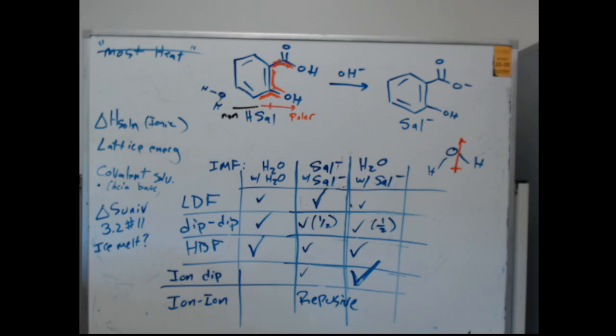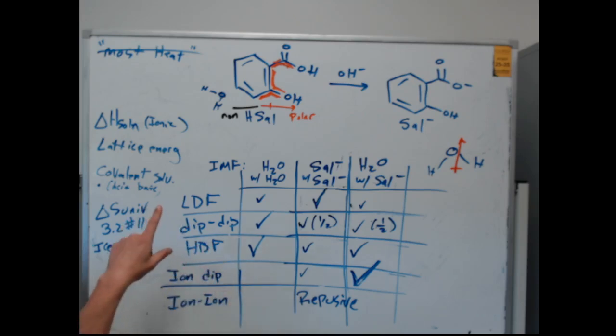So when we have something that is not an ion, and we do something to turn it into an ion, we usually are increasing the solubility. Even if the compound was not soluble to begin with, turning it into an ion will make it more soluble.